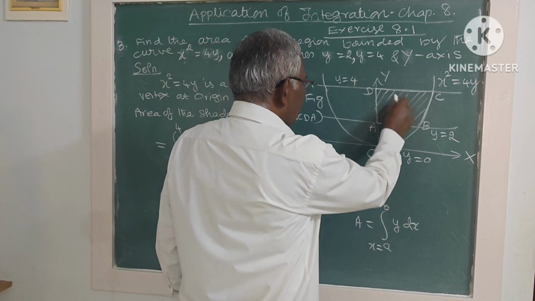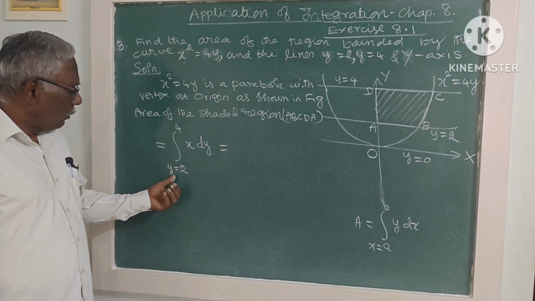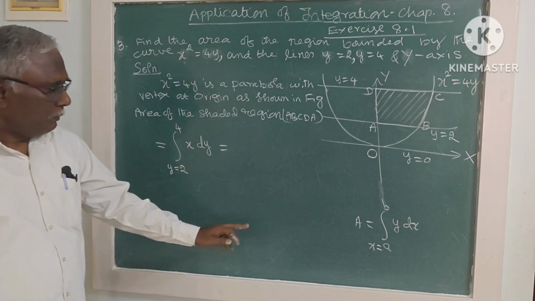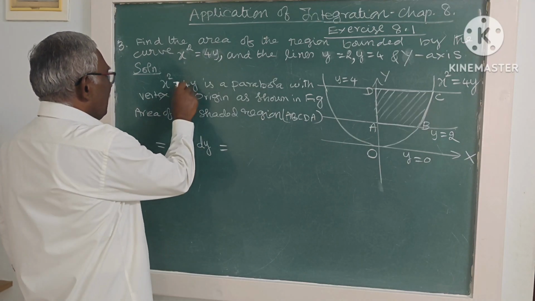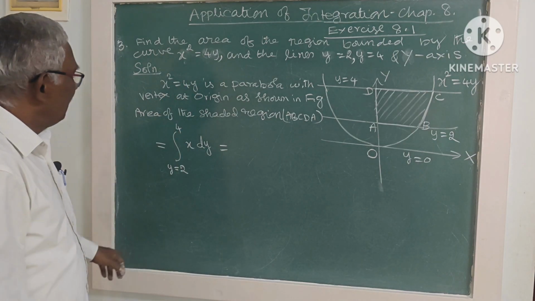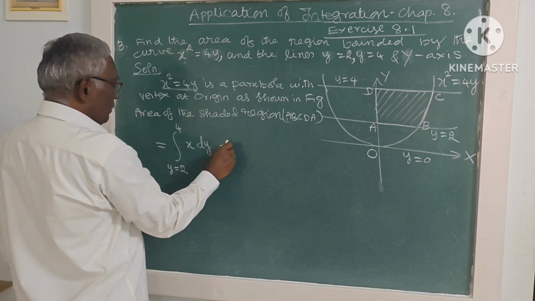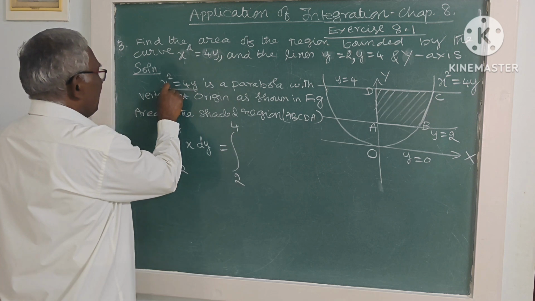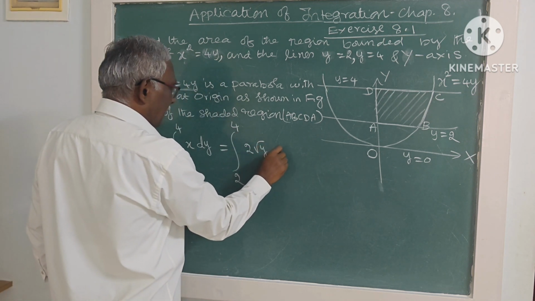So, for this region, we can write like this: integral y varies from 2 to 4 x dy. Previously, y dx. X square is 4y, x is equal to 2 root y, so integral 2 to 4, 2 root y dy.